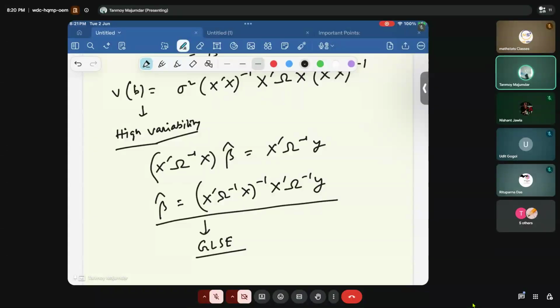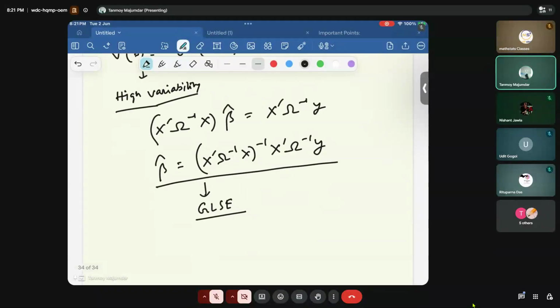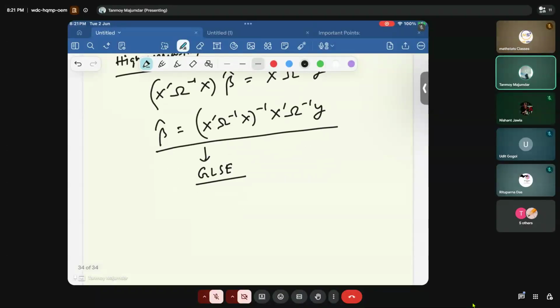ओके, सो नॉर्मल जो OLS था, OLS से डिफरेंस इधर कौन सा क्या डिफरेंस है, ये omega inverse. This is the difference. This is just the difference between GLS and OLS. Okay, and in that case, the variance of beta hat that will be sigma square x dash omega inverse x का inverse.